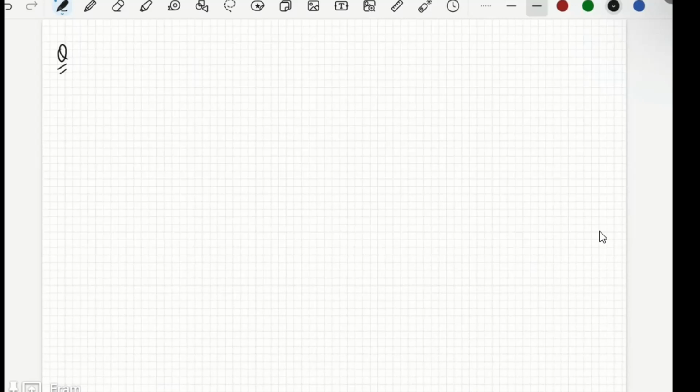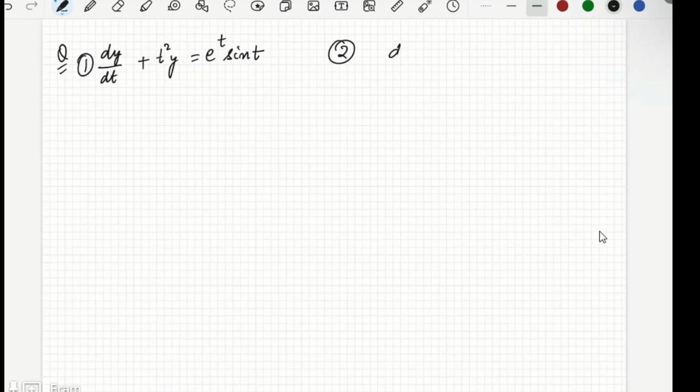The differential equation given to us is dy by dt plus t square y equals e^t sin t. So this is number 1, and number 2 is dy by dt plus y equals t.